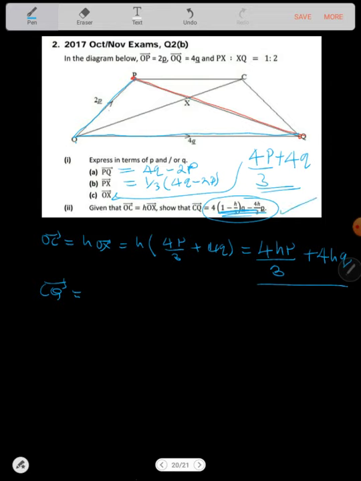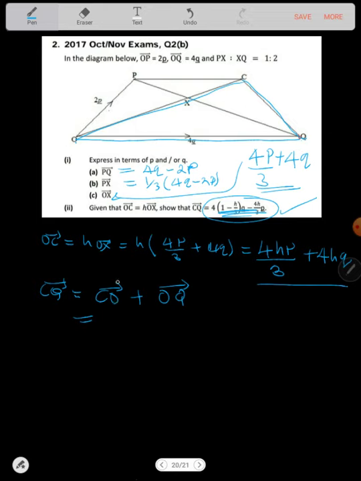So how can you find CQ? When you look at CQ, it is here, 2 steps. From here reaching here, you can move like that and do that. So CQ is actually CO plus OQ.